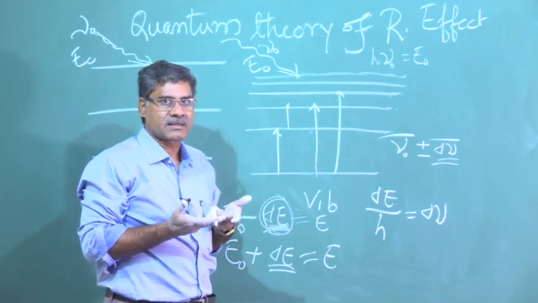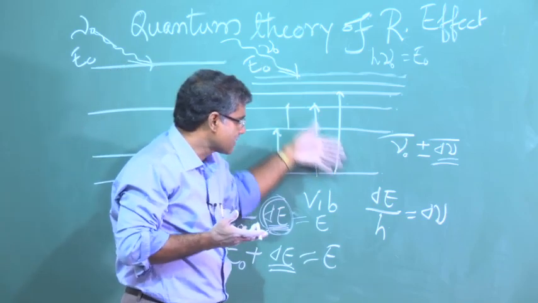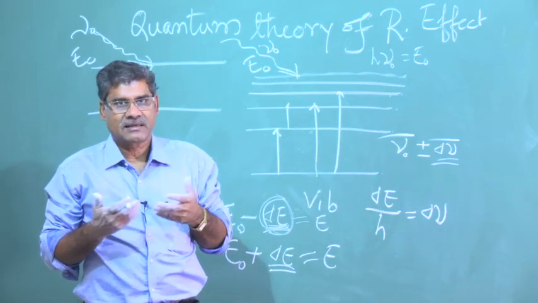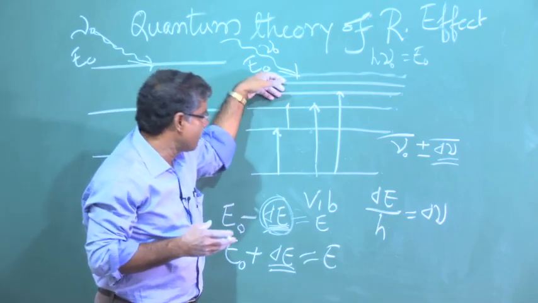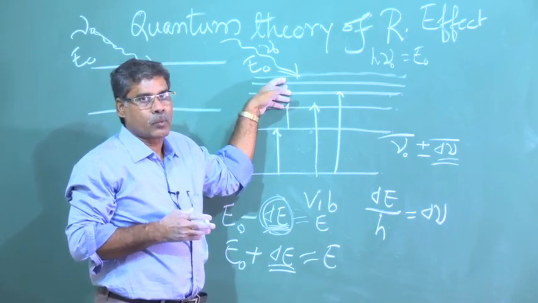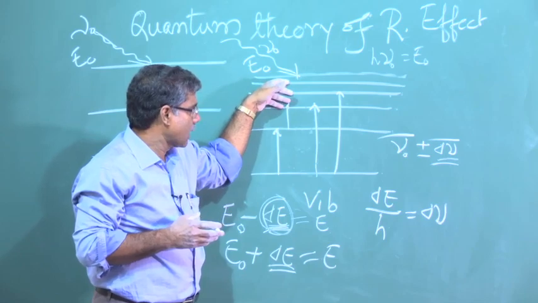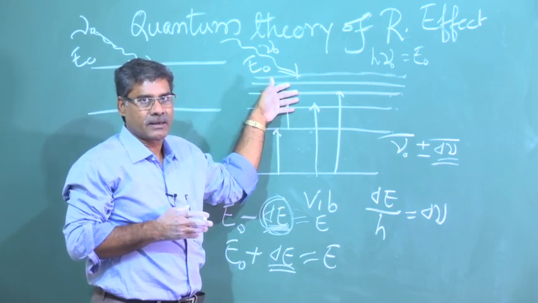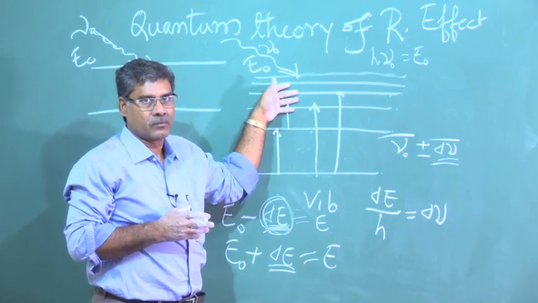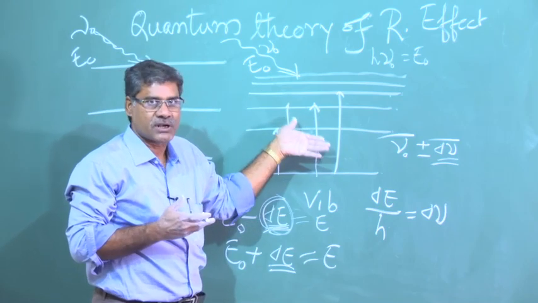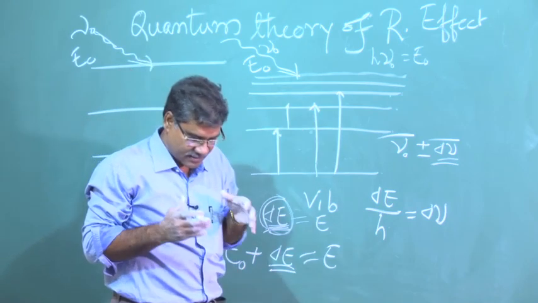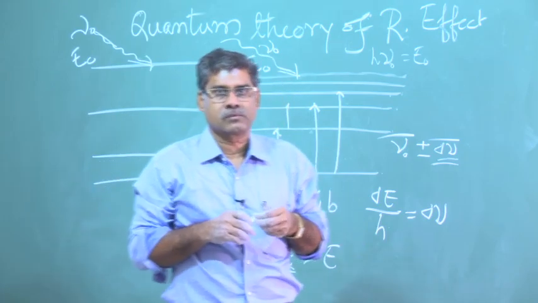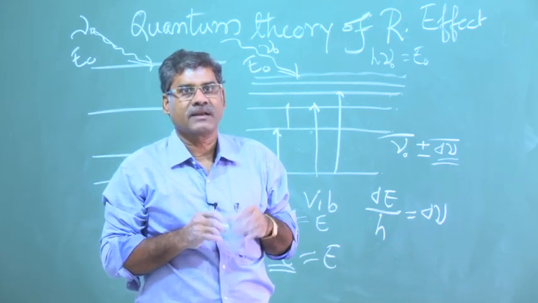Only maybe 1% or less than 1% is scattered inelastically, because the probability of having this molecular rotational or vibrational transition is very small, but it is there.